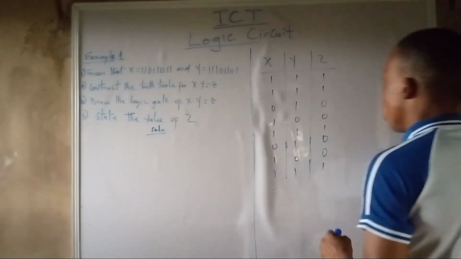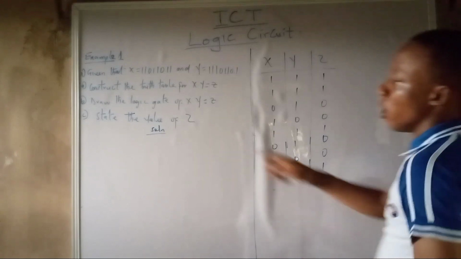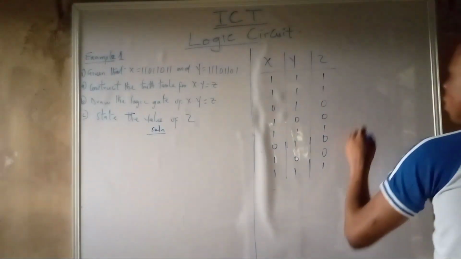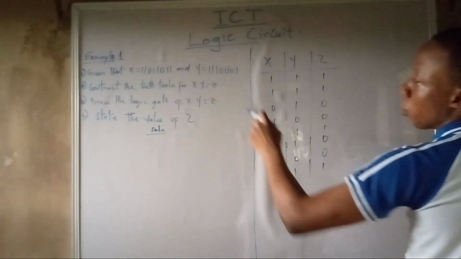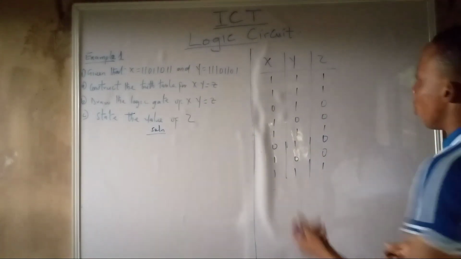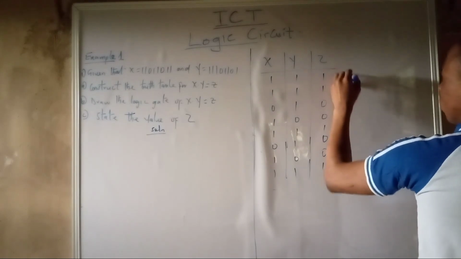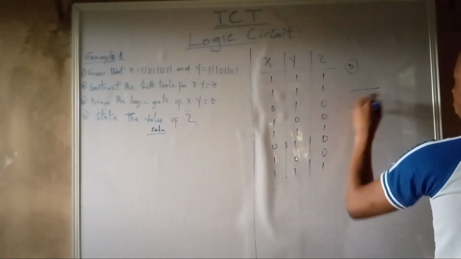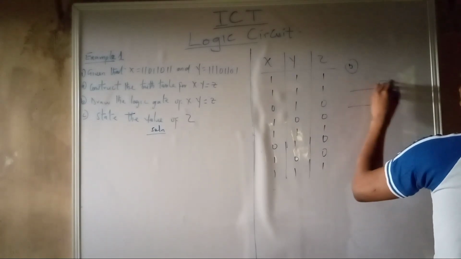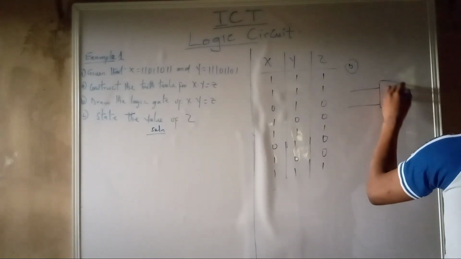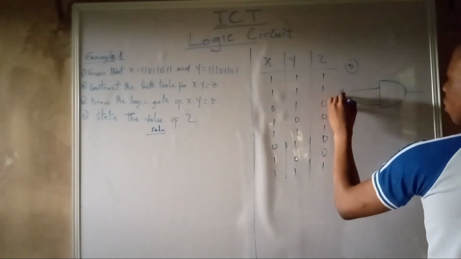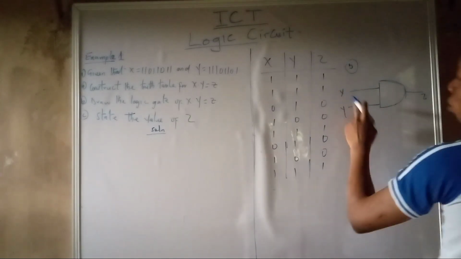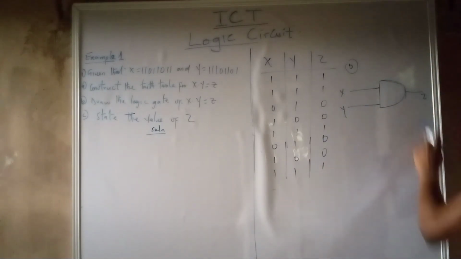The second question says to draw the logic gate of X dot Y. Since we said this dot means multiplication, we are drawing the AND gate. So the answer to question B is the AND gate: X, Y, Z, two inputs and one output.